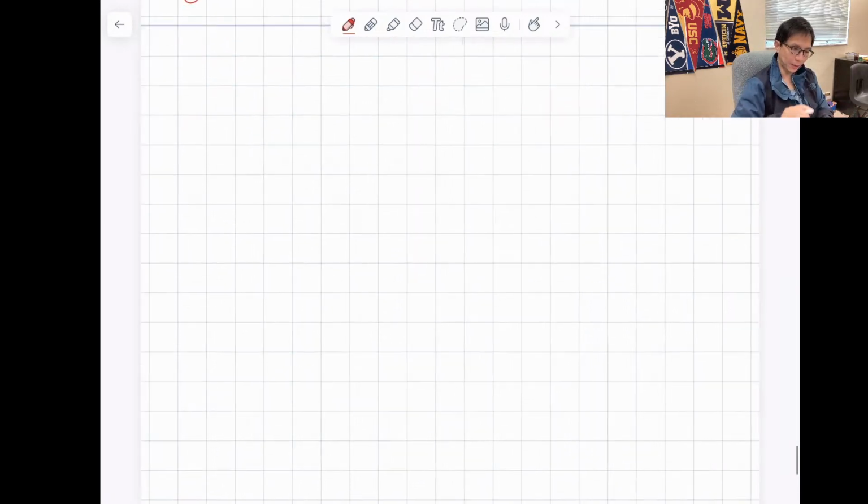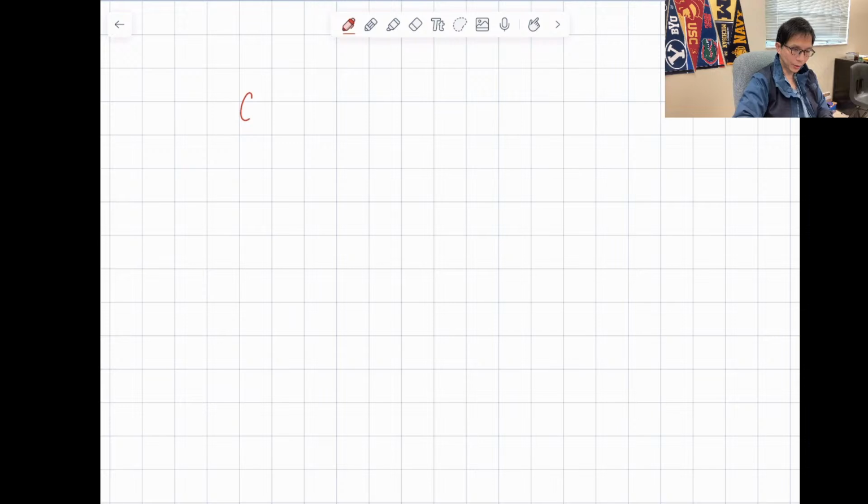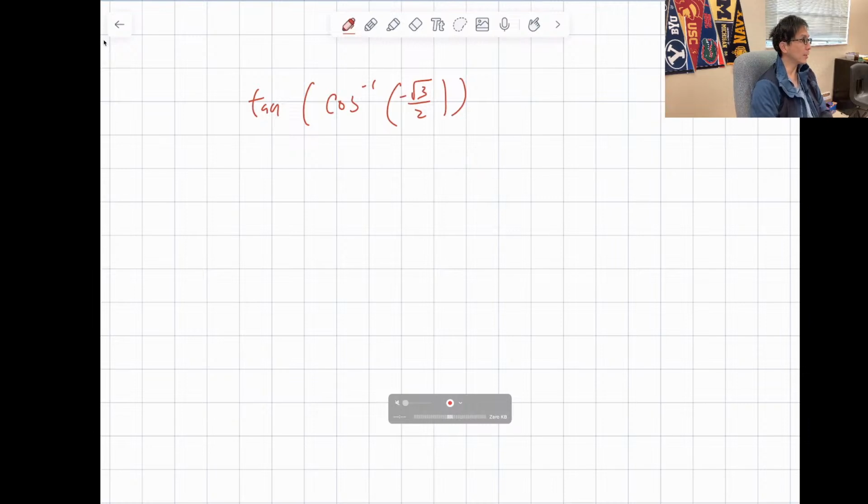So let's say I have tan of cosine inverse of negative root 3 over 2 like this. I want to make sure everybody understands this before we go on. This is what we did yesterday. So everybody try to do it right now and see what you get.